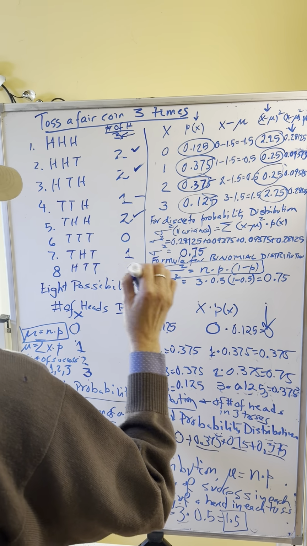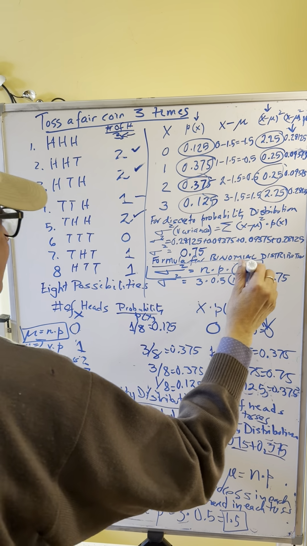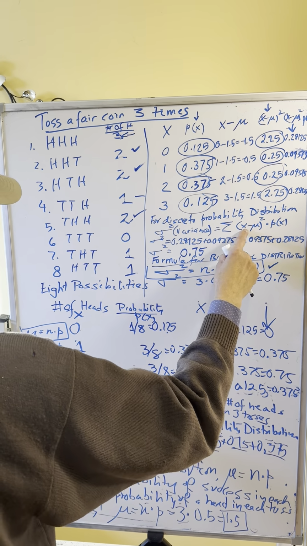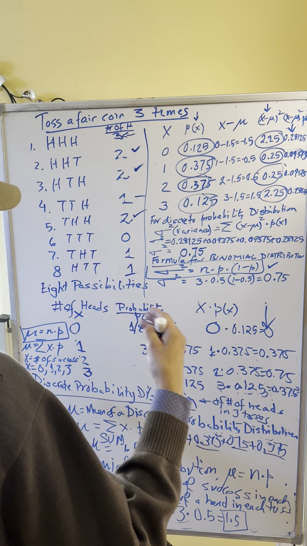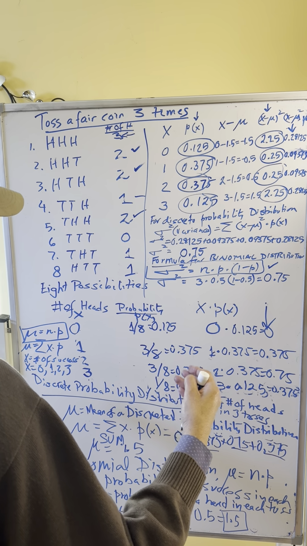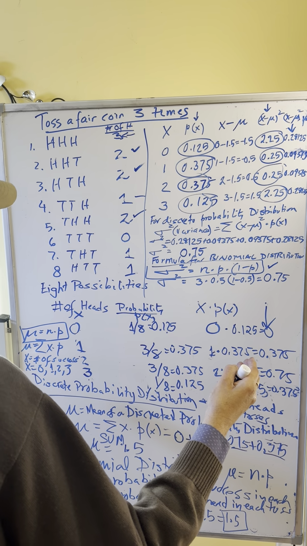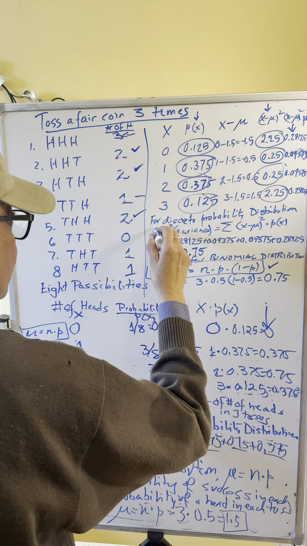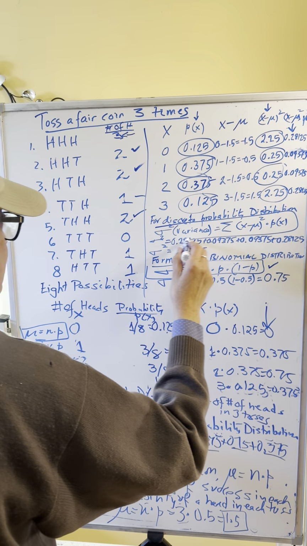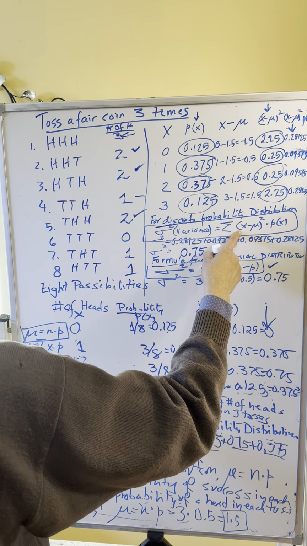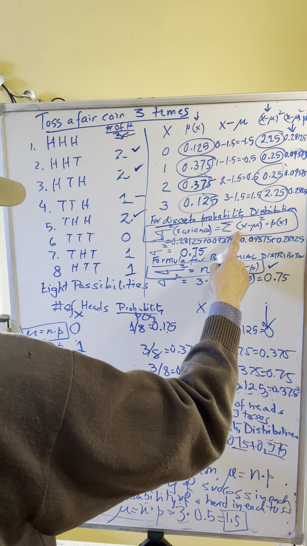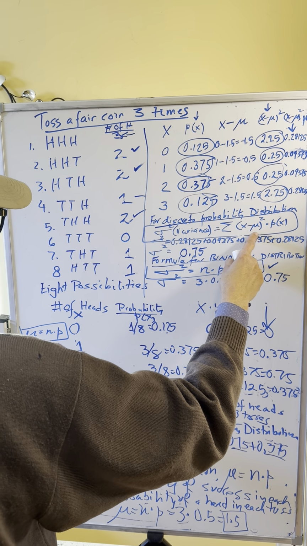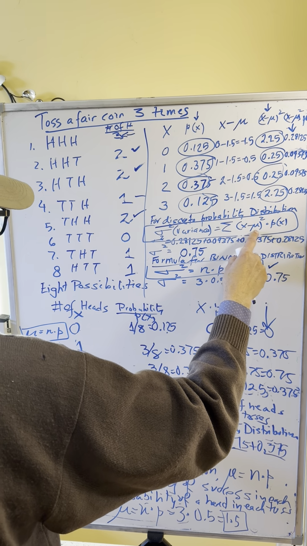So here you see that the binomial probability distribution variance formula can be established by using the concept of discrete probability distribution variance, whose formula is given by this. This is sometimes called the second moment. Why? Because you're squaring the variation from the mean.